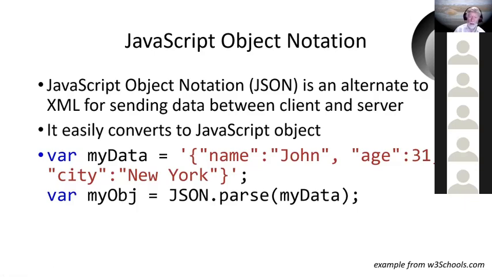In the other direction, you can get an object from the server and easily parse it into a JavaScript object that is an array, and just use it as you would any JavaScript object. So it works very well with JavaScript. Oh, that little circle on the upper right is the JSON logo.